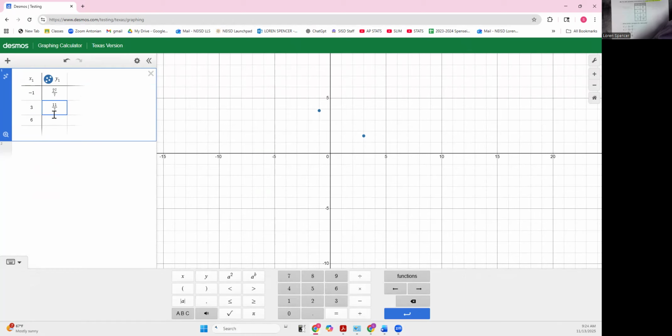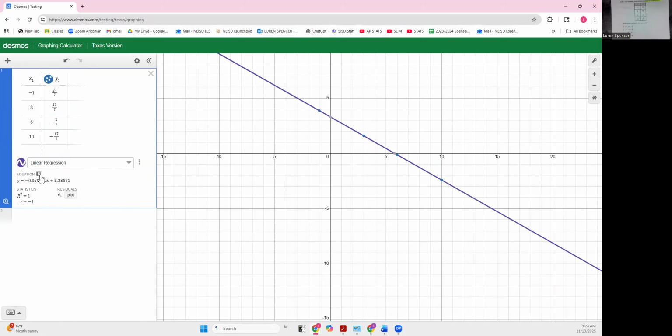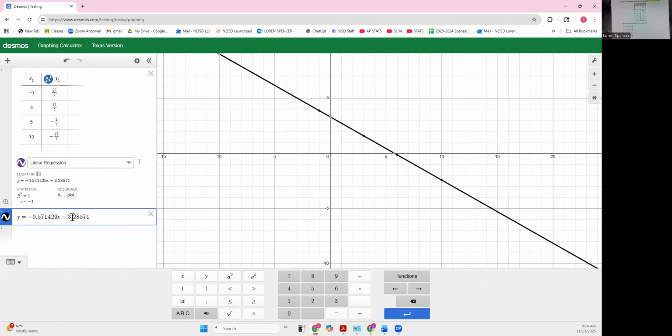And we have -1 divided by 7. Then we have 10 and we have -17 divided by 7. I'm going to hit the domino button and we get a linear equation and there it is. Okay, so we have this great graph.